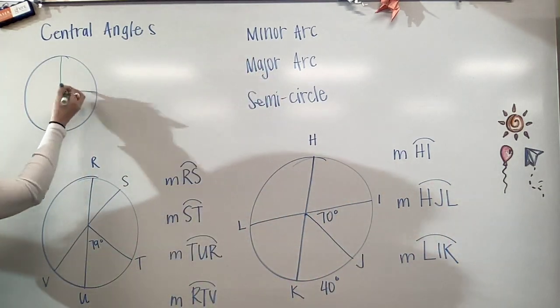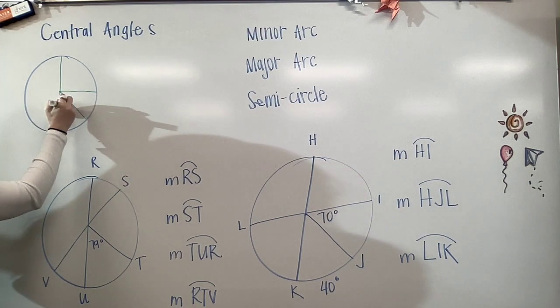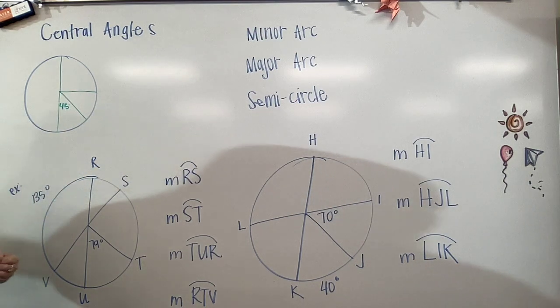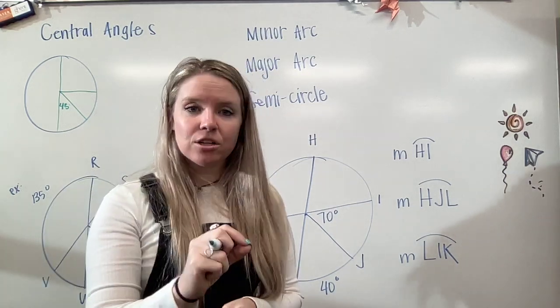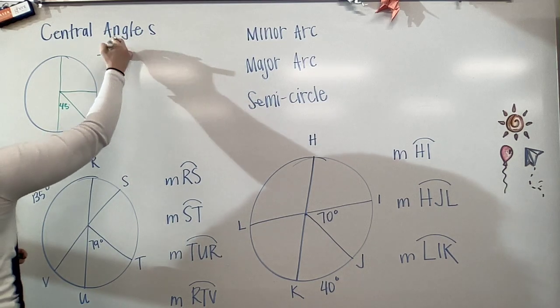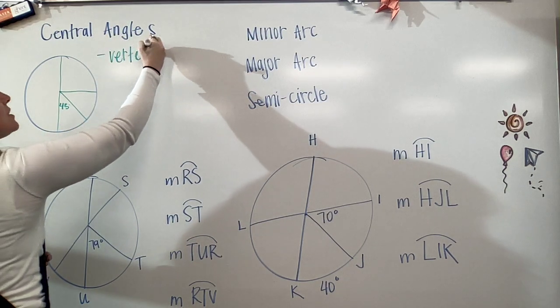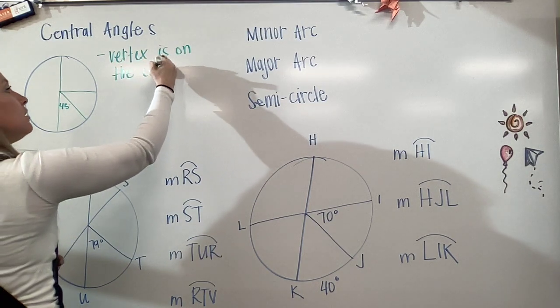These angles that I'm creating, if I were to cut this in half, these are called central angles. Central angles have a vertex on the center of the circle.